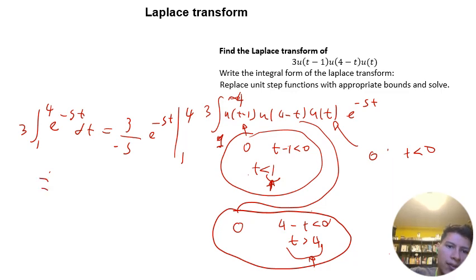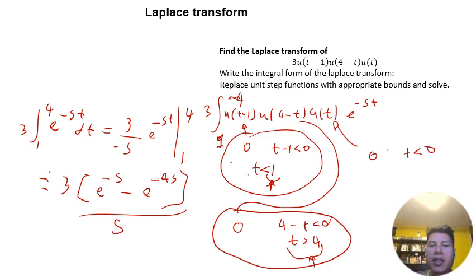And so we're going to have 3 times e to the negative s minus e to the negative 4s, divided by s. And I switched the order so that I can get rid of the negative sign. And that's it. That's our Laplace transform.